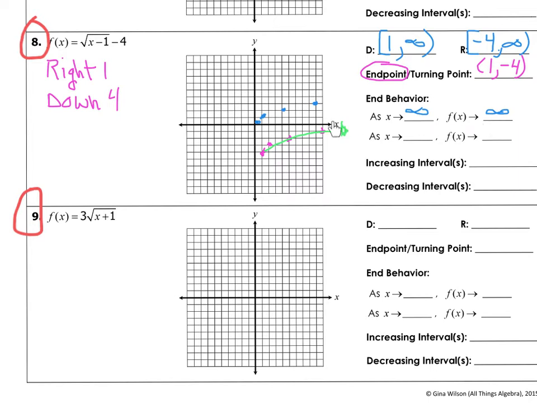Now, if I go to the left, x cannot approach negative infinity because it can never be over here. X is approaching the lowest value that it can be, which is positive 1. So as x approaches positive 1, as we get closer and closer and closer, your y is getting closer and closer until it hits negative 4. Negative 4 is our lowest y value.